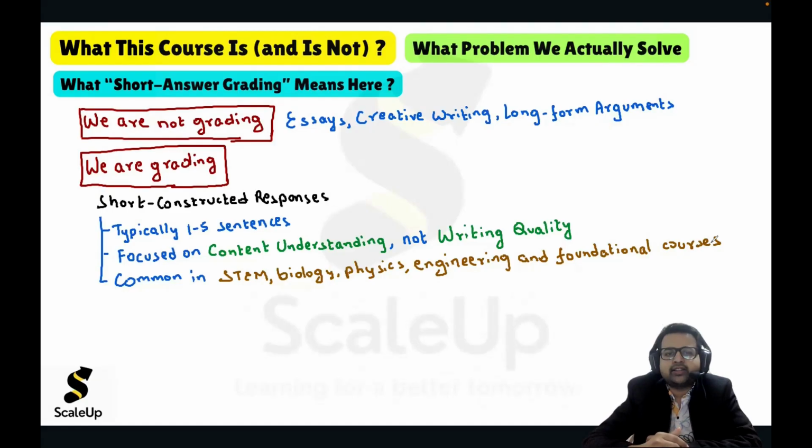The AI grading system will not assess the writing quality; rather, it will assess what has been written, the content. We can train it in fields like STEM, biology, physics, engineering, and foundational courses.